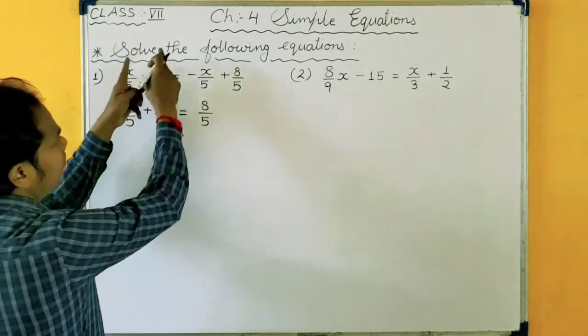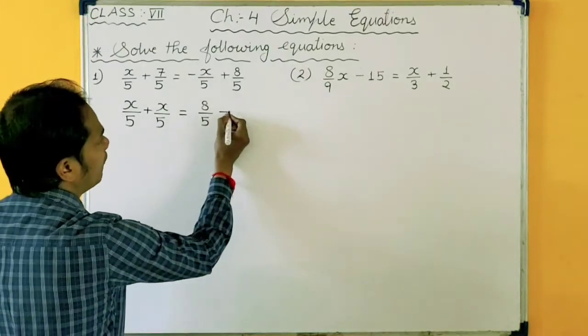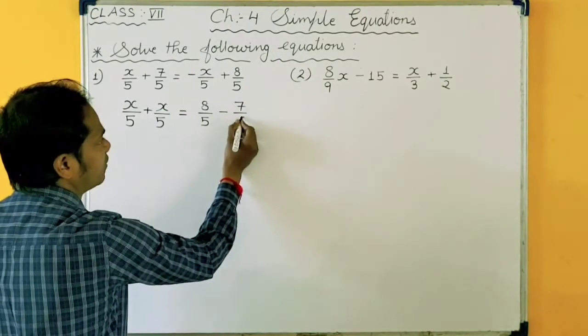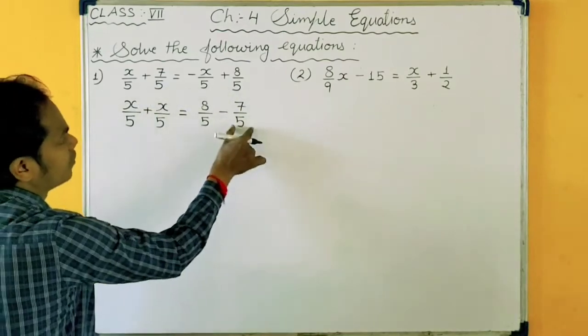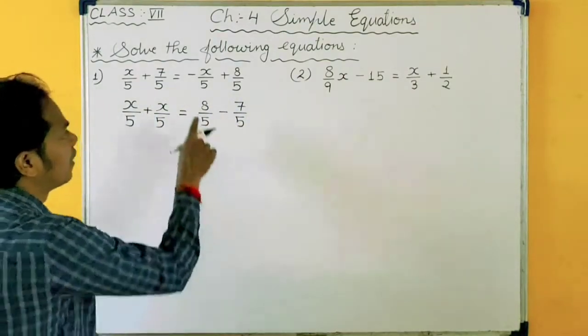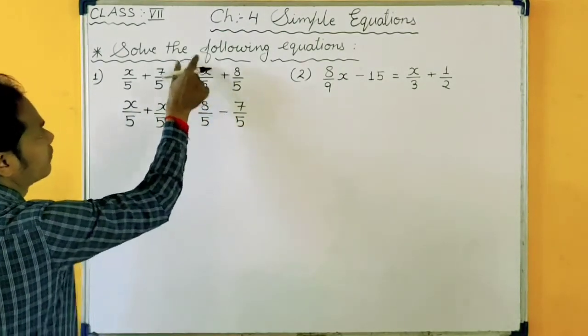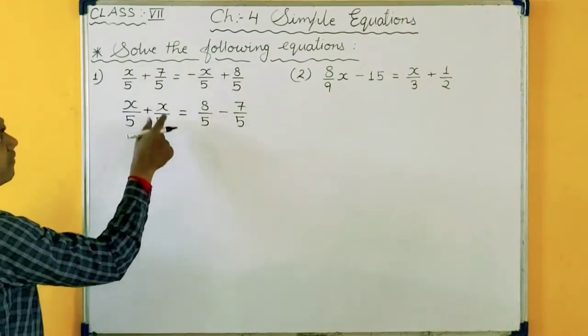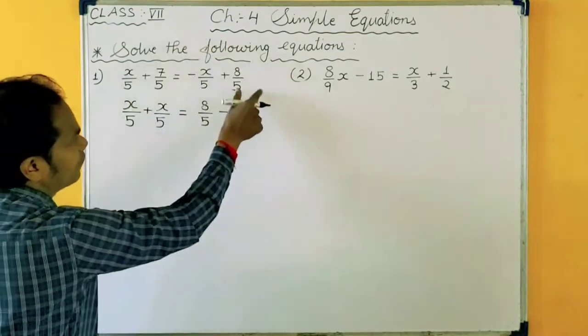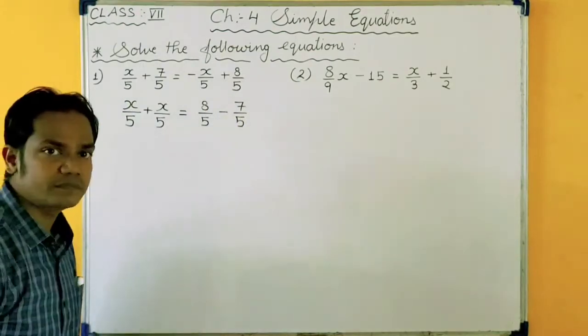This plus 7 upon 5 I will shift from left hand side to right hand side. Whenever you shift, your sign gets changed. I shifted this minus x upon 5, so it became plus x upon 5, and this plus 7 upon 5 I have shifted, it became minus 7 upon 5.